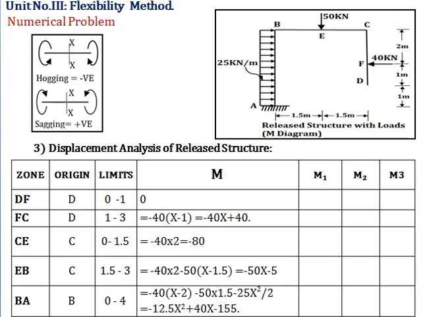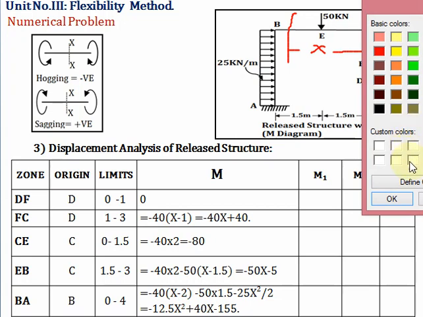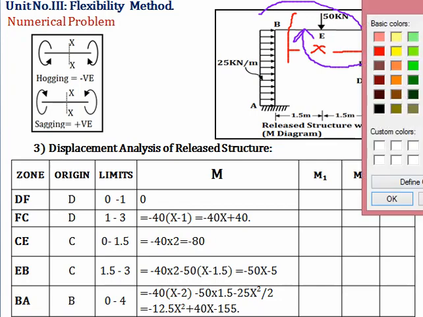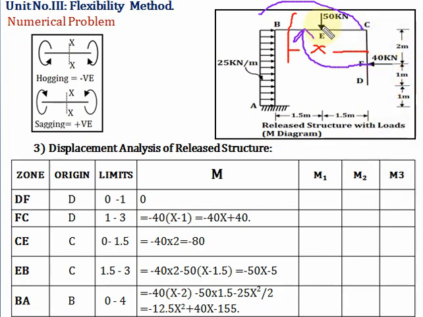Now the next portion that we are considering is EB, measuring X from point C. Now here the first force is the 40. It will act like this, so the nature will be hogging. Again minus 40, the intensity of force, into 2, the distance. Now the next force is the 50 kilonewton. This 50 kilonewton will act like this.